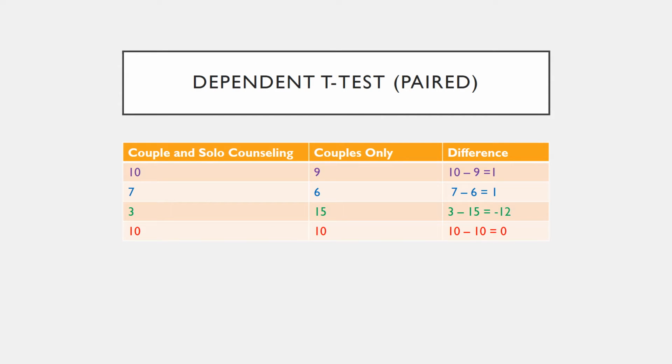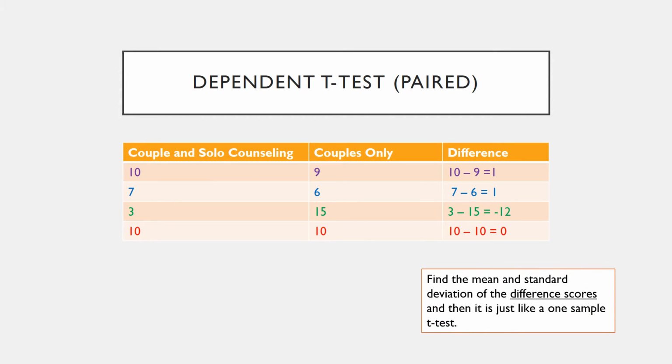So to get the standard error for the dependent t-test, we make a column of difference scores here, and then we find the mean and standard deviation of the difference scores, and then it's just like a one sample t-test.